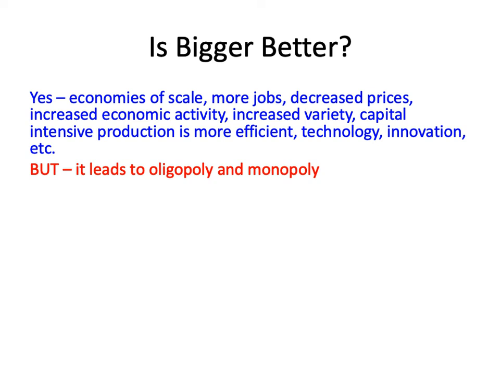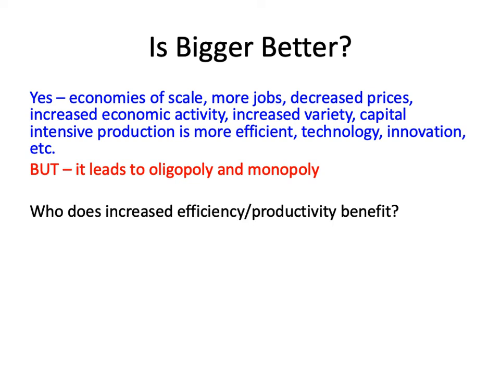And so as we pursue large-size firms to achieve the economies of scale and the efficiencies, we risk doing the thing that we're actually trying to avoid, right? We want large firms to get this and to increase competition, but the existence and the emergence of oligopolies and monopolies, they will stop that. They actually reduce competition.